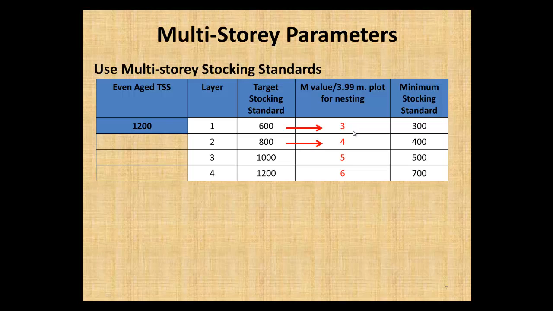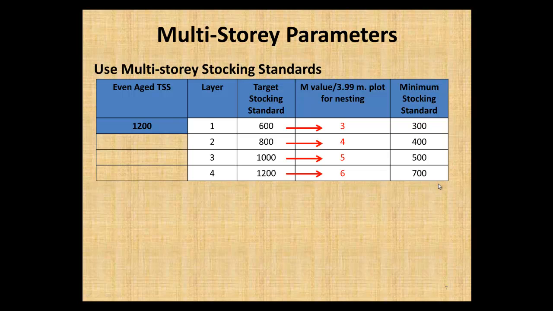Layer 2, 800 and 400, and our M value is 4. Layer 3, 1000, 500, and layer 4, 1200 and 700.